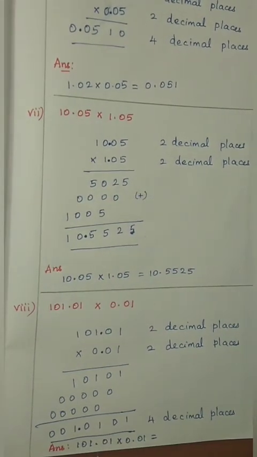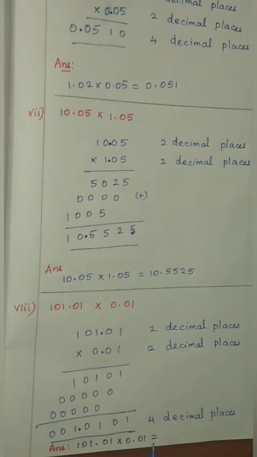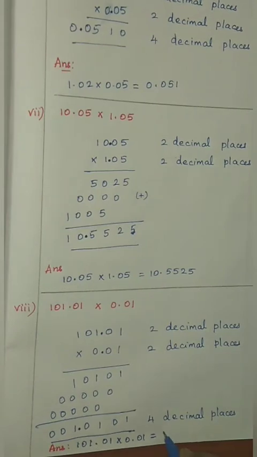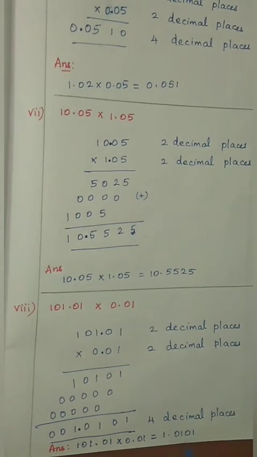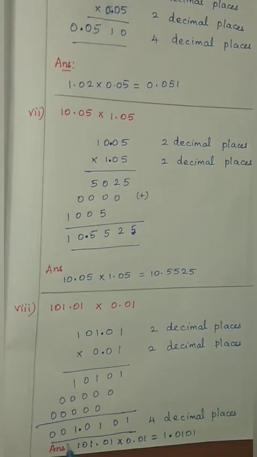Answer: 101.01 into 0.01 is equal to, the zeros which come before 1 have no value. So write 1.0101. If you have any doubt in ignoring these zeros, write them. No problem, it is correct.